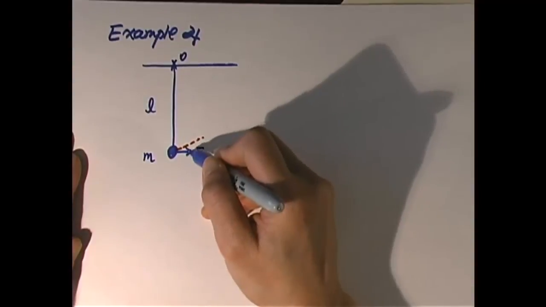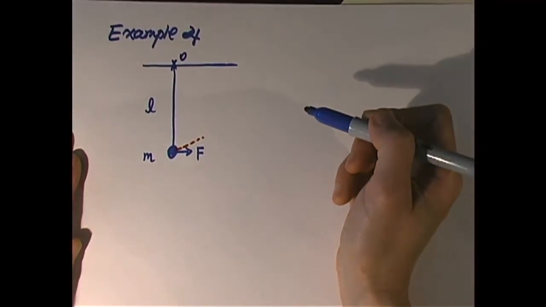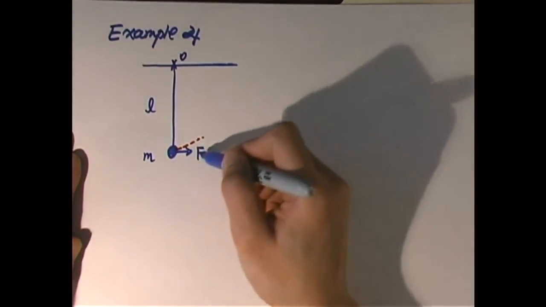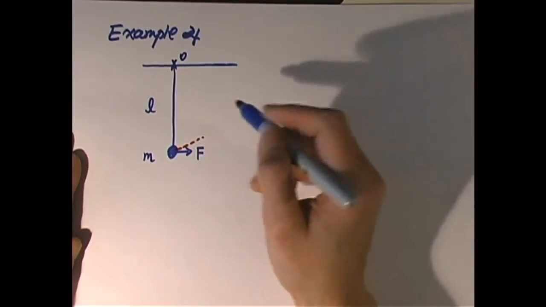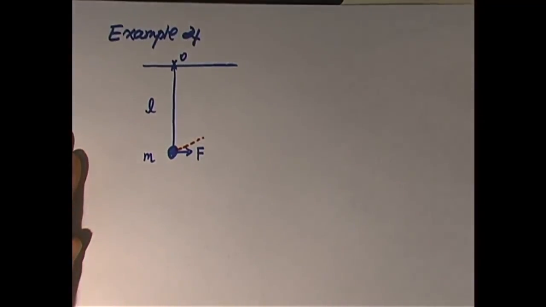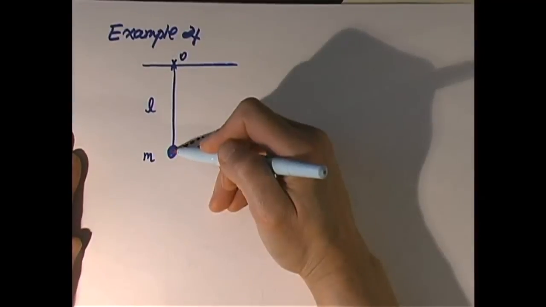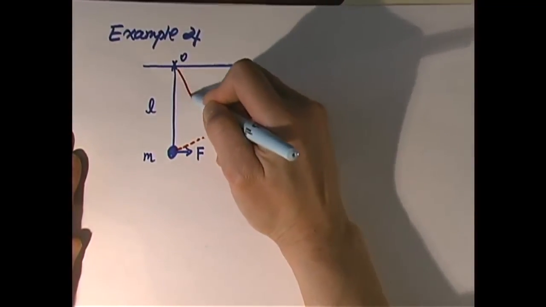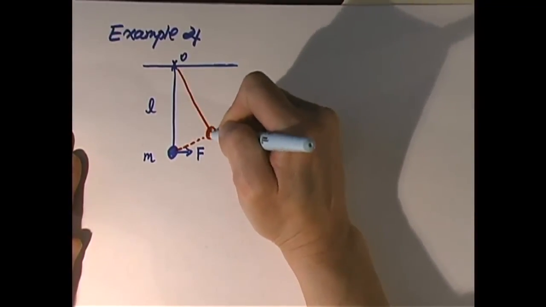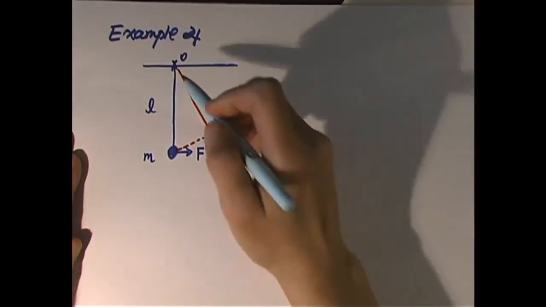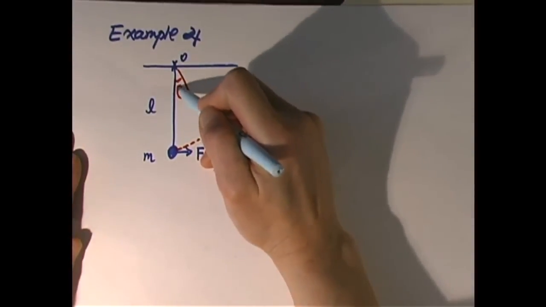Assume that there's a constant force pushing it. If a force pushes this way, the ball will start to move. However, the ball can only move at the end of the string, so the string is going to change position. The ball will end up here because it's connected to the string. Let's say this is an angle theta that the string moved.